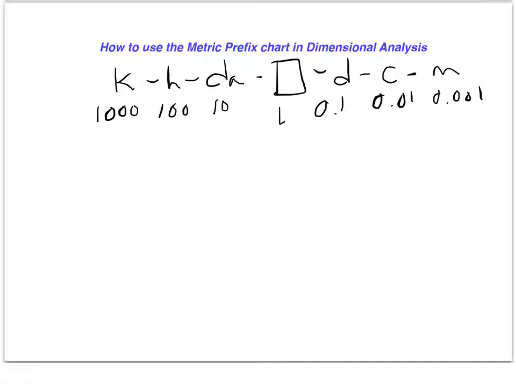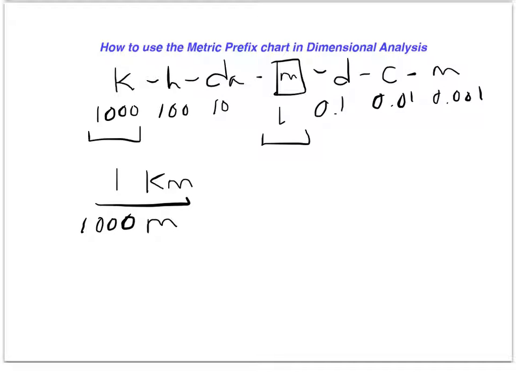So if we want to figure out how to use this, what we say is that if something is to the left, it is larger than something that is to the right. So a kilometer, for example, is to the left, and a meter would sit in the middle here to the right. The kilometer is larger. We give it a value of 1. 1 kilometer is 1,000 meters, because we can see that it's 1, 2, 3 places away.